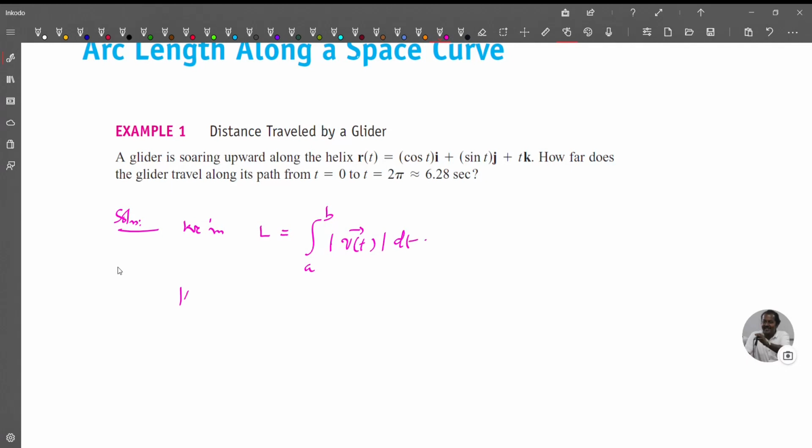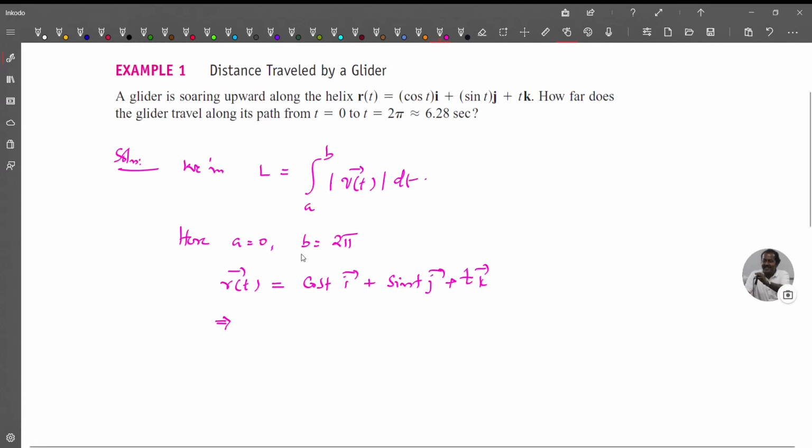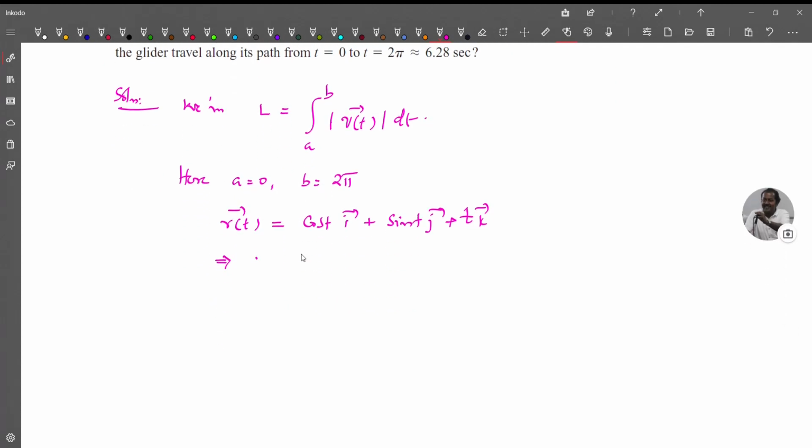Here a equal to 0, b equal to 2 pi, and r of t is equal to cos t i plus sin t j plus t k, which implies dr by dt equal to minus sin t i plus cos t j plus k.